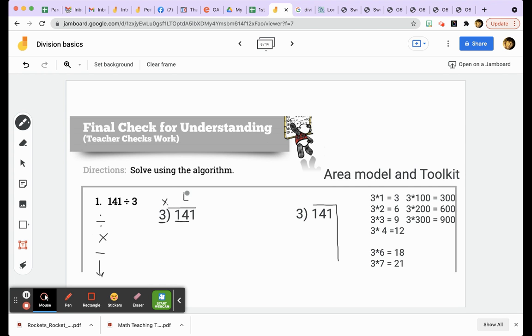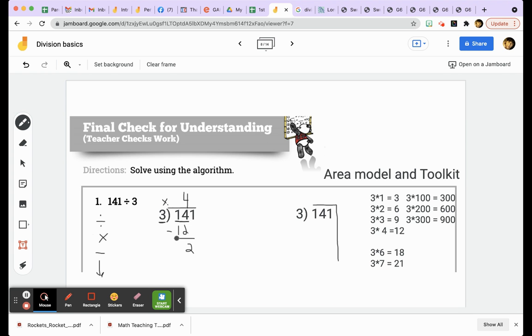So 4 goes in the quotient. Now I'm going to multiply back. 4 times 3 is 12. After I multiply back, I subtract. 14 subtract 12, I have 2.